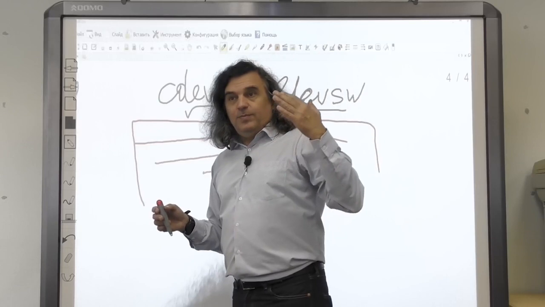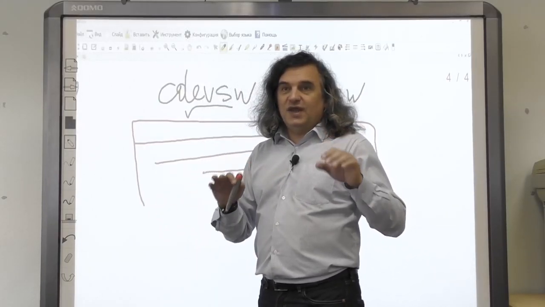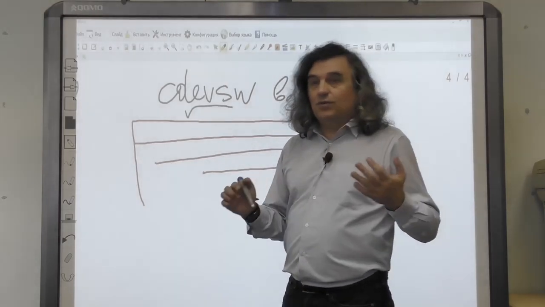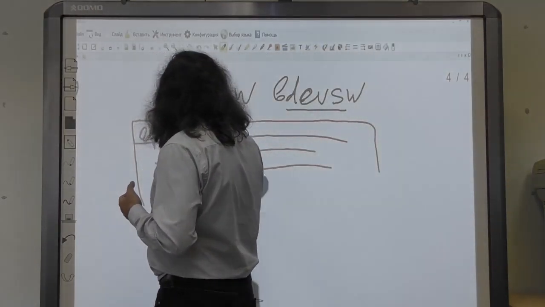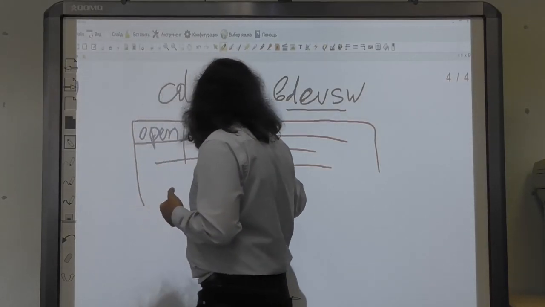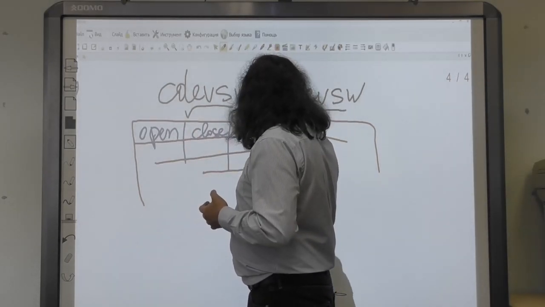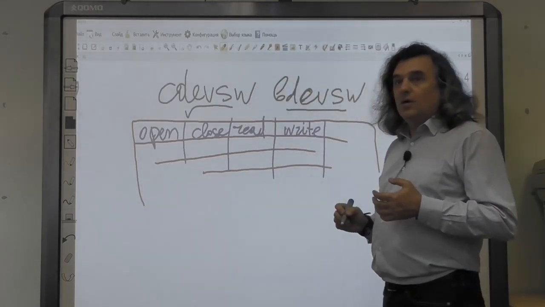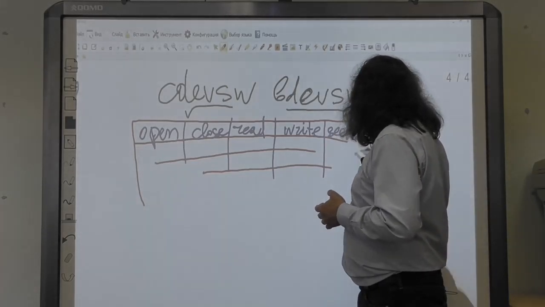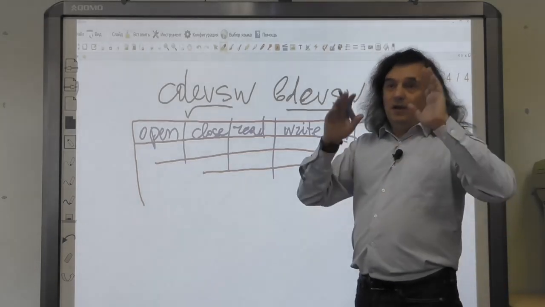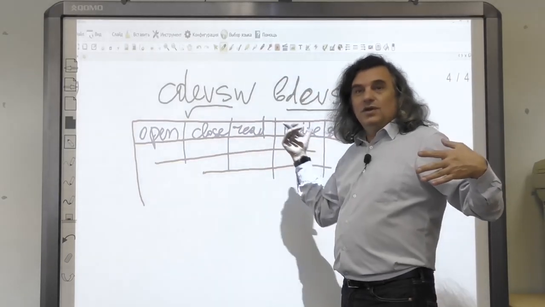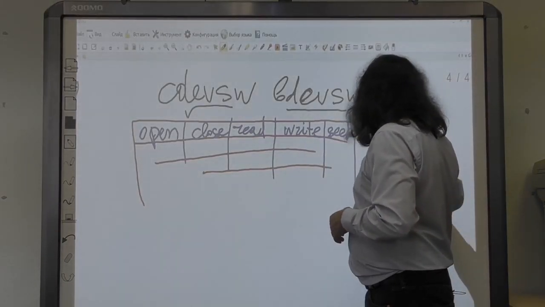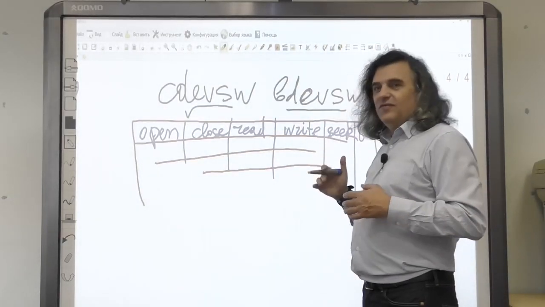Each driver places the initial entry points for the standard file functions in its own table row: open, close, read, write, seek, and everything that did not fit into those functions into the ioctl, input-output control function.